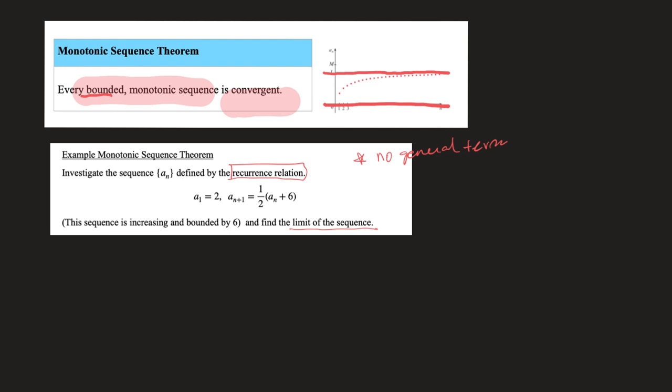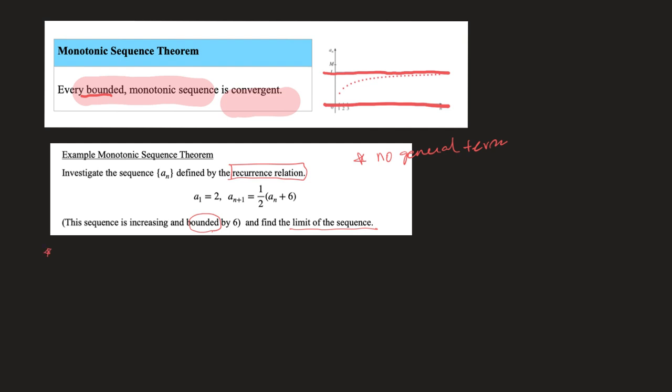So we want to find the limit of this sequence, and we can use the monotonic sequence theorem. If this sequence is monotonic, increasing or decreasing, and bounded by some number, then we're going to say this has a limit. So I'm not going to prove this sequence is increasing and bounded.